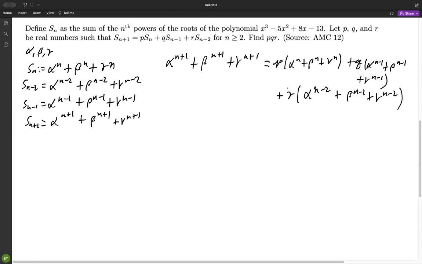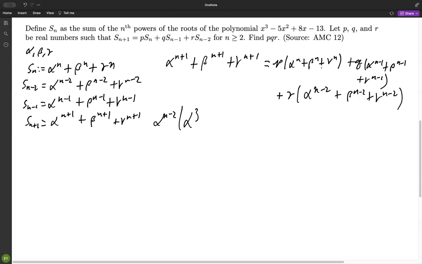Now we know that we can try and factorize this, somewhat factorize it, not entirely. So let's move our terms. We know that alpha to the power of n minus 2 times alpha cubed is equal to alpha to the power of n plus 1, so we can do this.